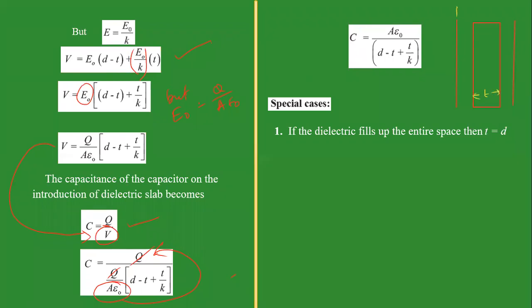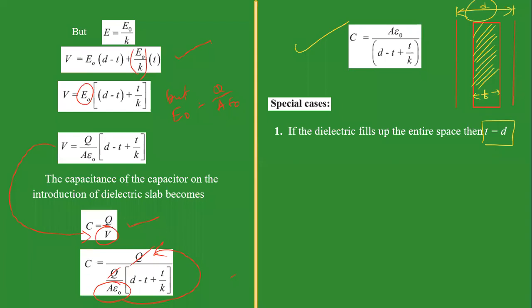The total distance we consider between the two plates is D. Here we consider only that much thickness of the dielectric, then we get this formula. But if the entire space is filled with dielectric, then we can write T is equal to D, the thickness of the dielectric slab is equal to D.